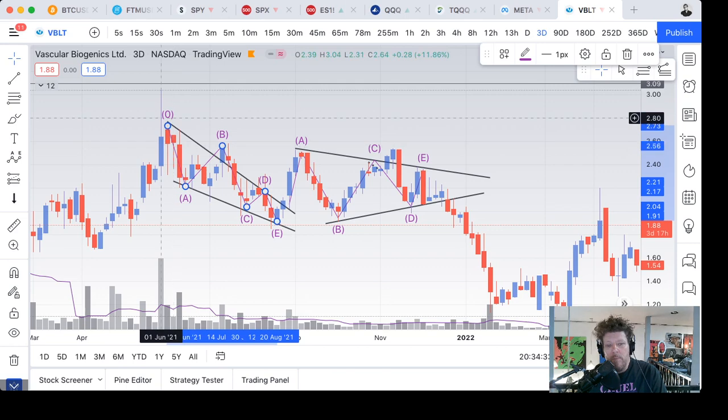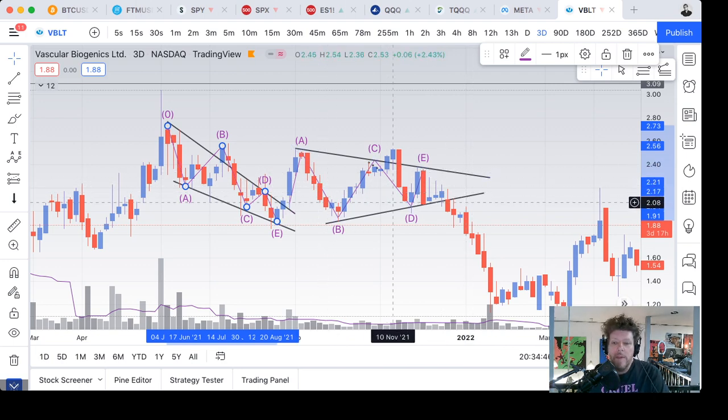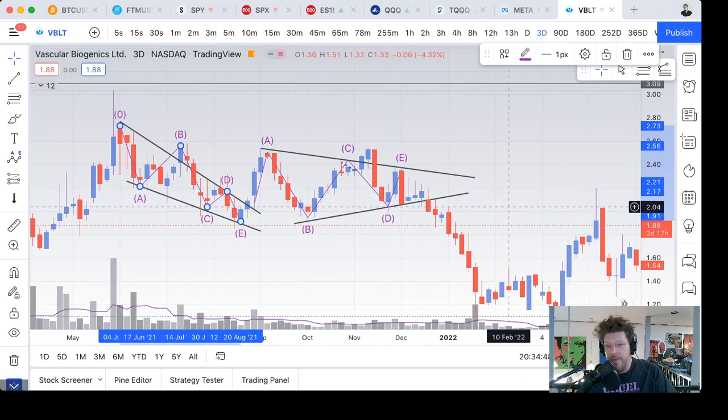This became a new flagpole for this pennant. So we have a bullish falling wedge right into a bearish diagonal, which is a type of triangle or a pennant, depending on what method you're using. Elliott wave theory would call this a diagonal.